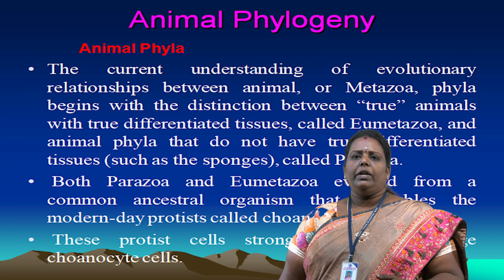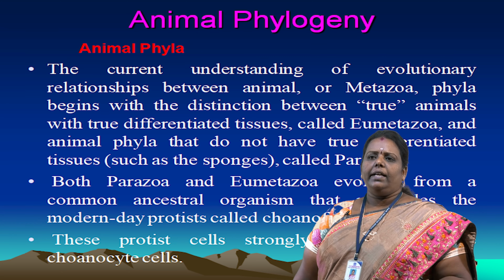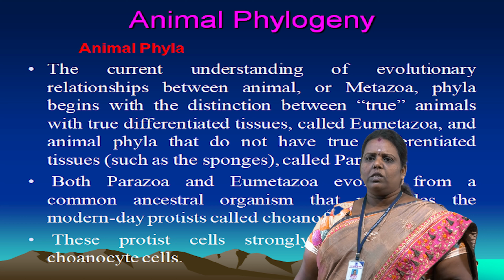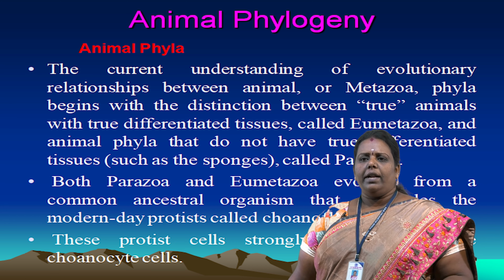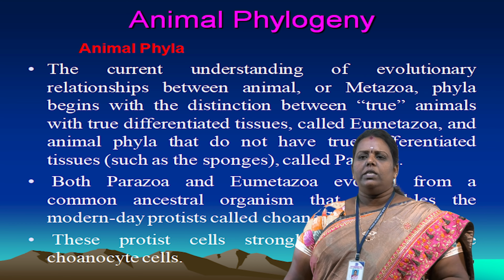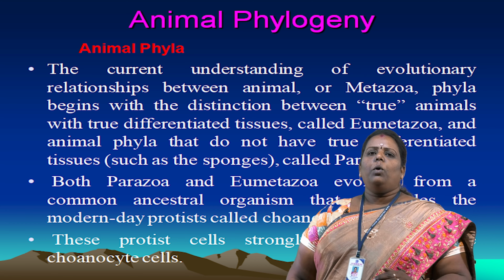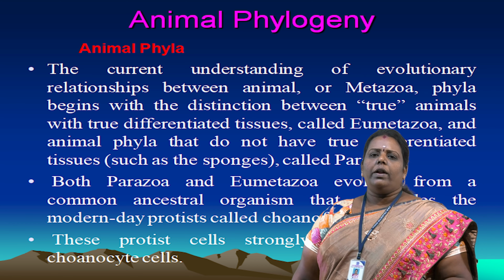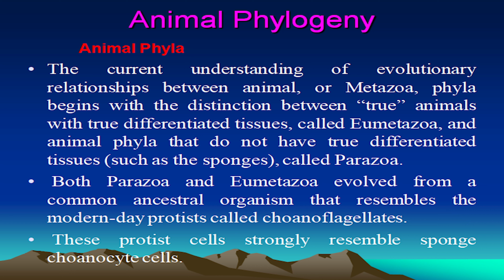We have differentiated the animal phyla. The current understanding of the evolutionary relationship is between the metazoa and the true animals, eumetazoa. Already I told you the sponges are called parazoa also. Both parazoa and eumetazoa evolved from a common ancestral organism that resembles the modern-day protist called choanoflagellate. Choanoflagellates are normally flagellate organisms, and flagella are used for locomotion.